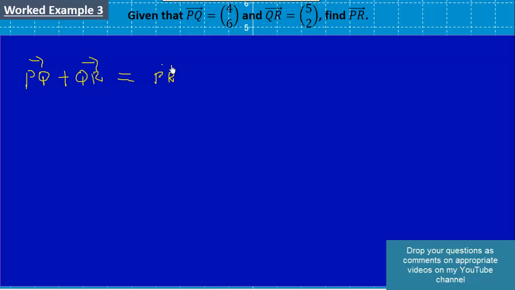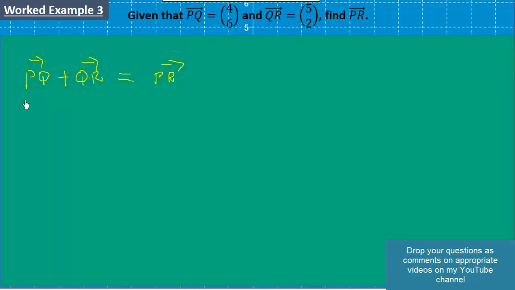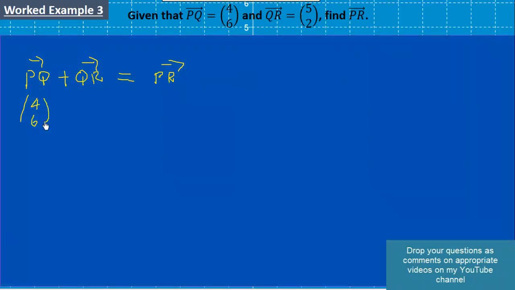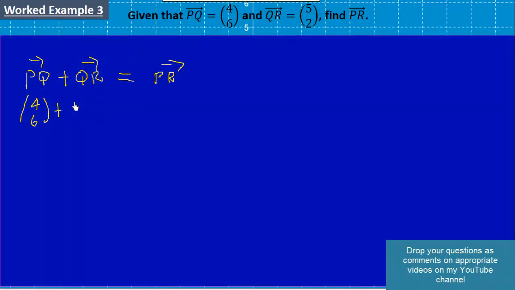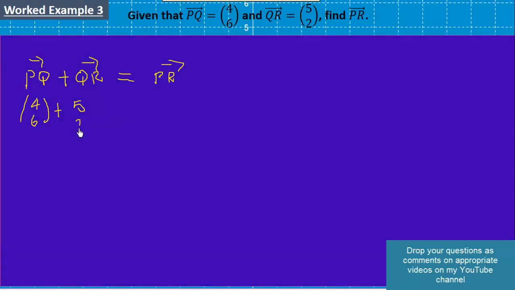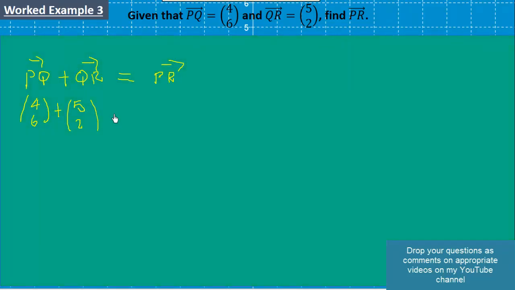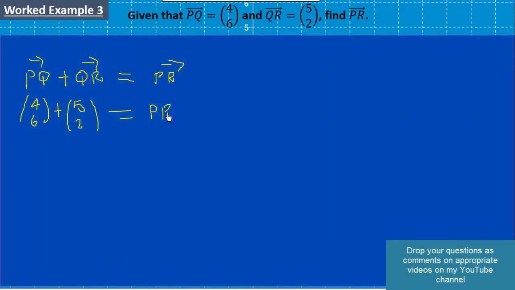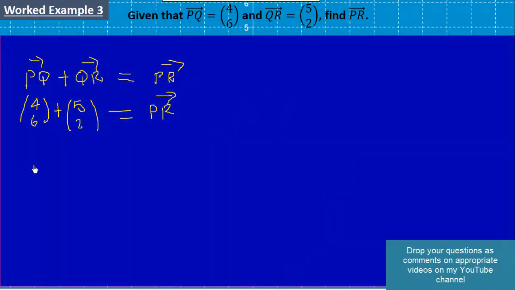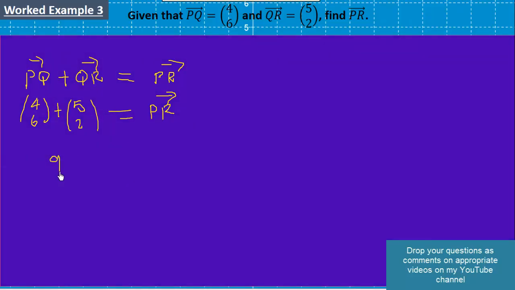So we just have to substitute in and simplify. So we have (4, 6) plus (5, 2) being equal to vector PR. So our vector PR will be equal to (9, 8).